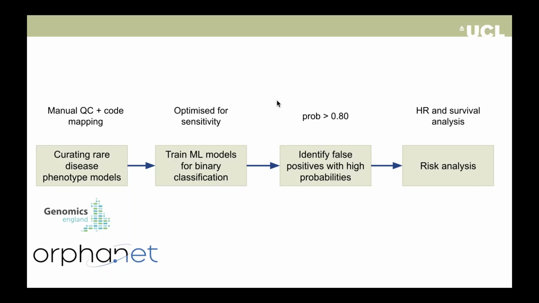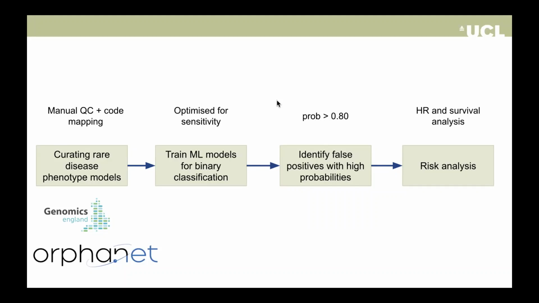So for each disease, we find the phenotypes from these two resources, and we have a mapping from the phenotypes to their ICD and SNOMED codes to find cohorts in the national data set. And then we use the phenotypes to train a machine learning model for binary classification. So for each patient, we use the model to identify whether this patient is a rare disease patient or not.